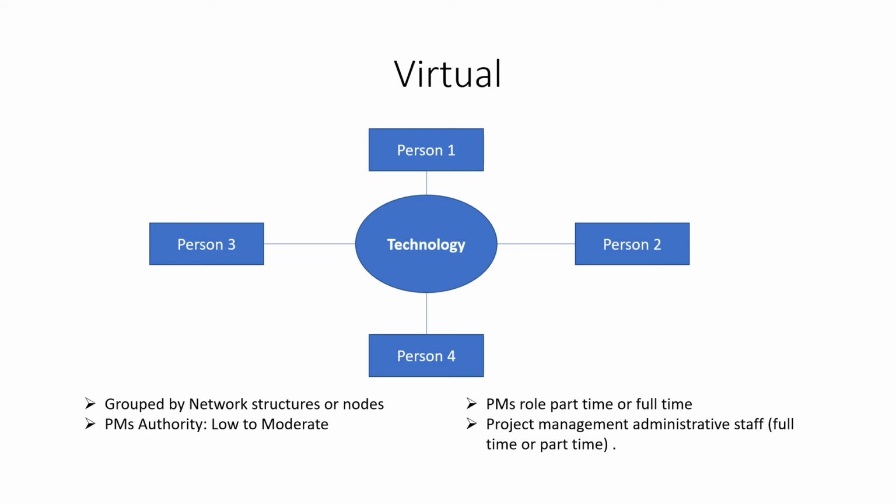One of the disadvantages of this structure is the isolation among online workers, which could affect motivation. Here, the project manager has low to moderate authority. However, they have a mix of control over the budget. They may or may not have a full team reporting to them.